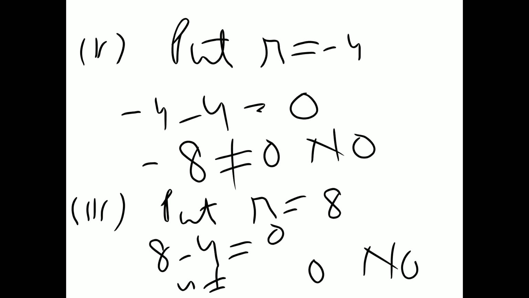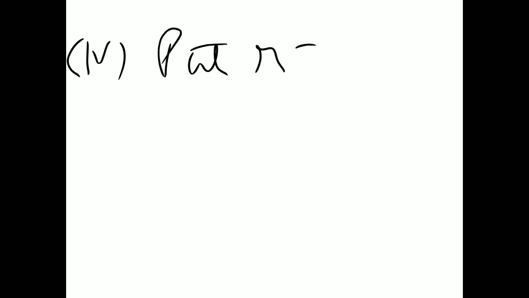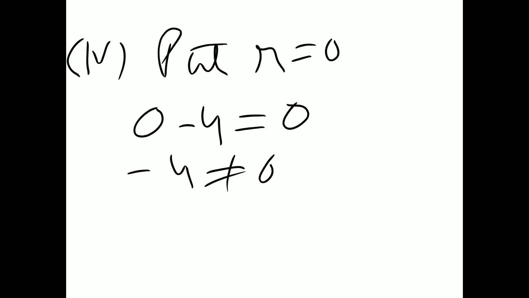Answer is no. Clear? Now fourth time we put R is equals to 0. 0 minus 4, it should be equals to 0. Minus 4 not equals to 0. So it is no. Clear?